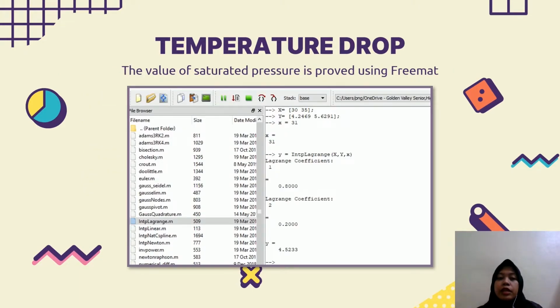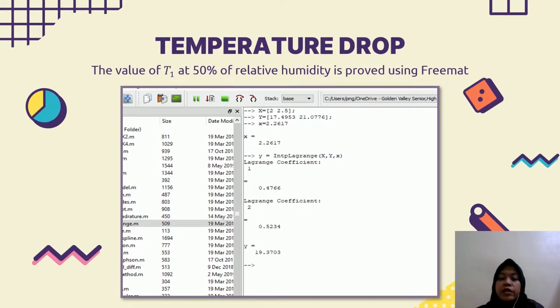We are proving the values that we obtained before by using the FreeMat software. Then we get the value of saturated pressure at 4.5233 kilopascal. Also, by using FreeMat software, we can calculate the value of temperature 1 at 50% relative humidity.